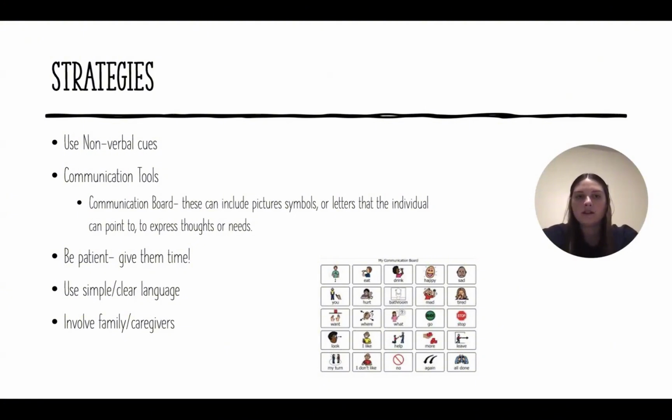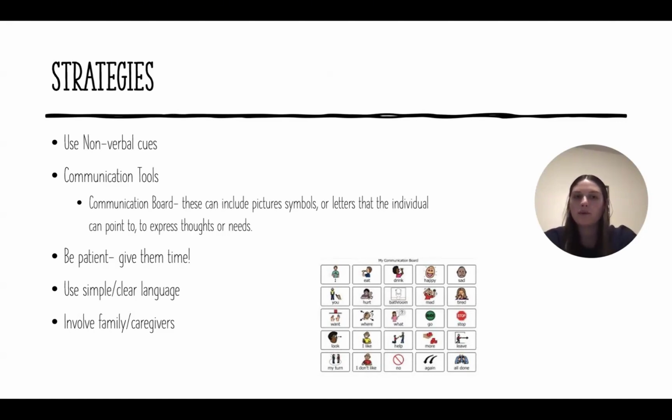The first is using nonverbal cues. Our body language, facial expressions, and eye contact can speak volumes to individuals who are not able to communicate with us. It is important for us to pay attention to the patient's posture and any sort of small gestures that they might make.